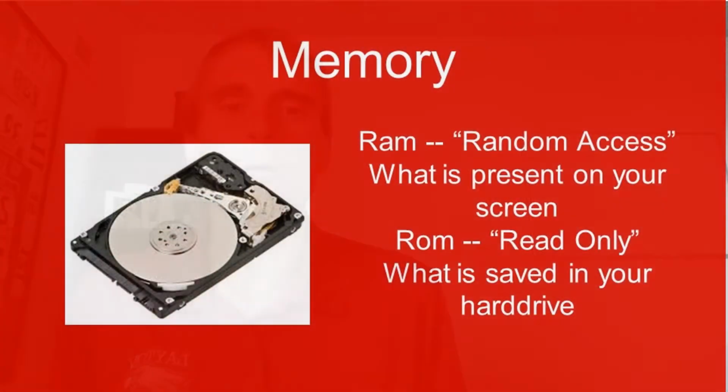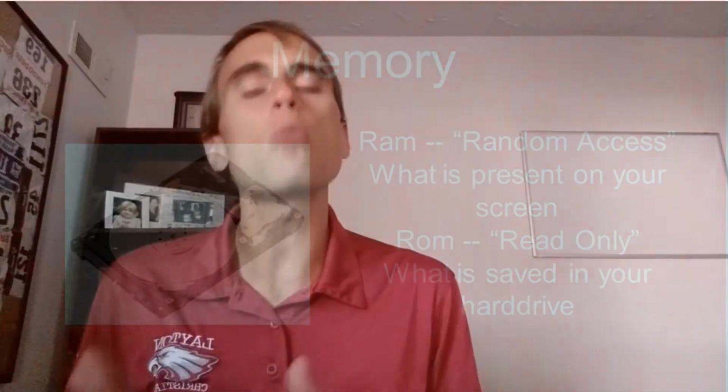Now, the reason ROM is called ROM is it stands for read-only memory, and ROM just means the data is sequentially organized. And so if I were to ask you what the 13th letter of the alphabet is, you'd have to use your fingers, right? You'd have to count to it. And so how ROM works is the computer actually has to search through all the information till it gets to the information it's looking for.